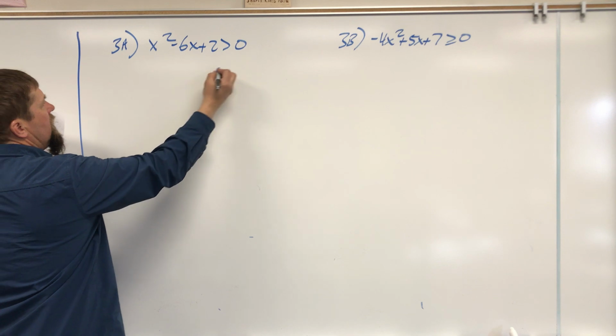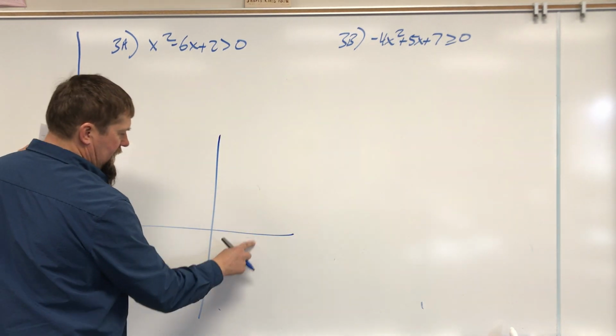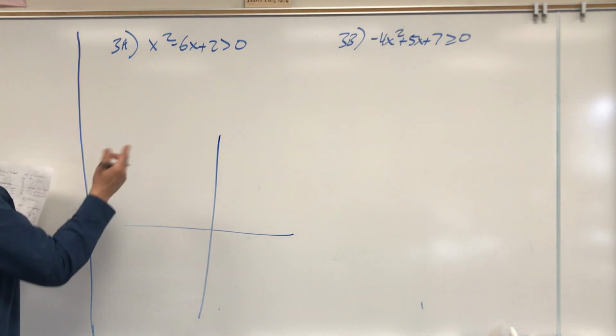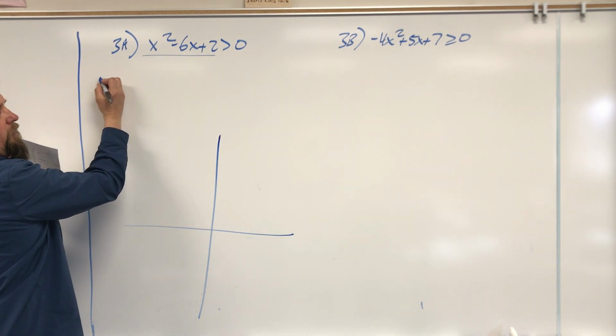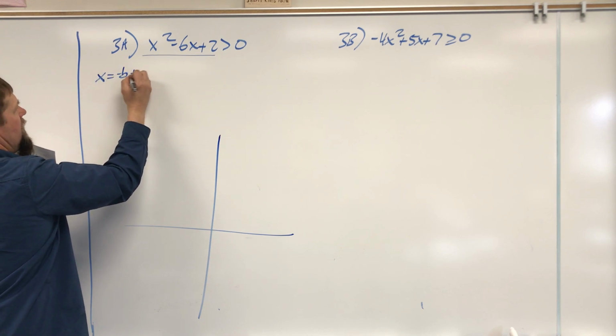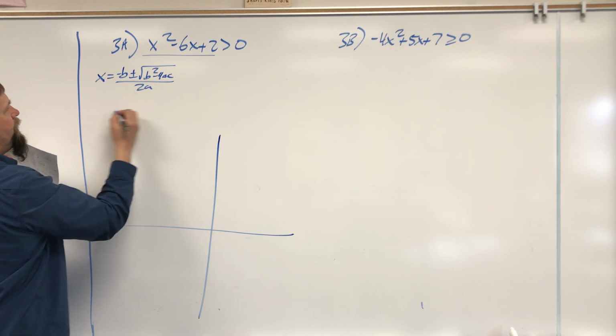Now, remember, on the graph, we're looking for our zeros, where the graph actually crosses the x-axis. So I'm going to use the quadratic formula to find my answers. Okay, so x equals negative b plus or minus the square root of b squared minus 4ac all over 2a.